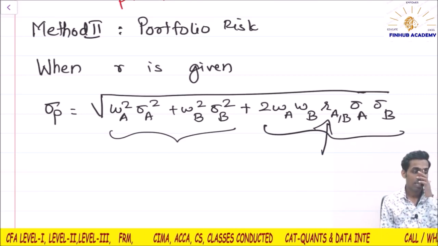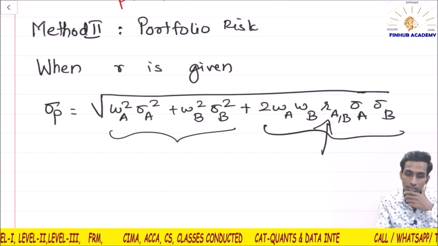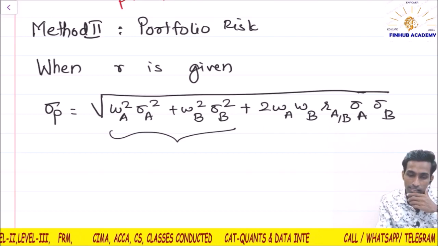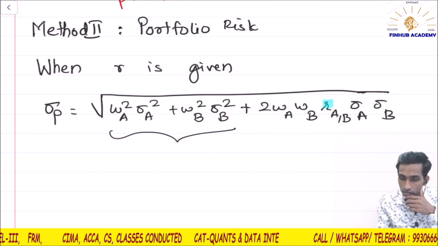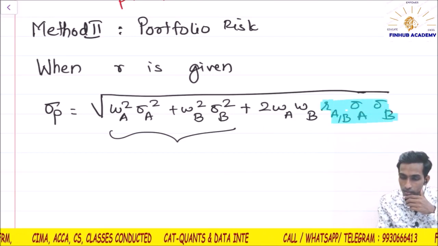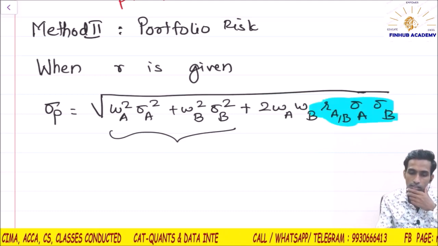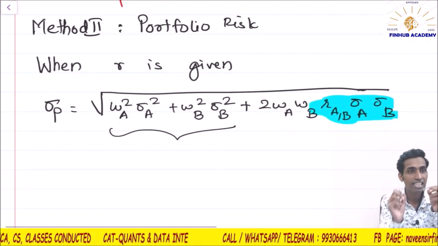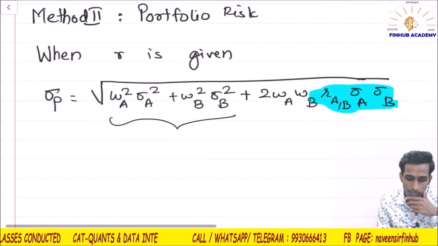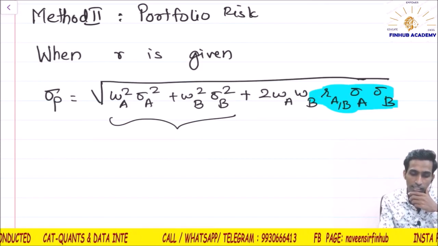Now listen. If you remember this part, the shaded region is the formula for what? Covariance.